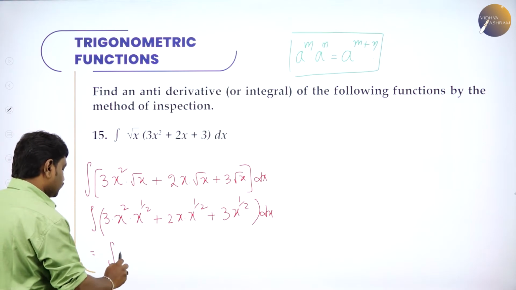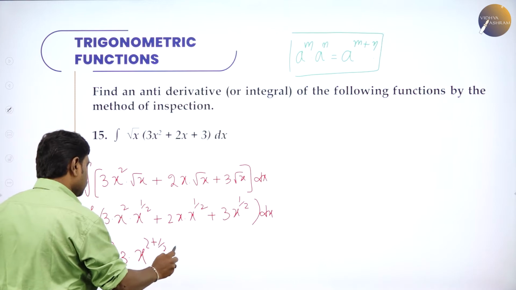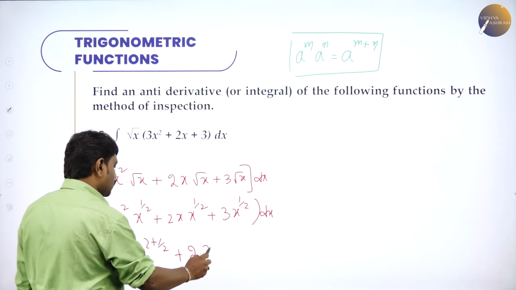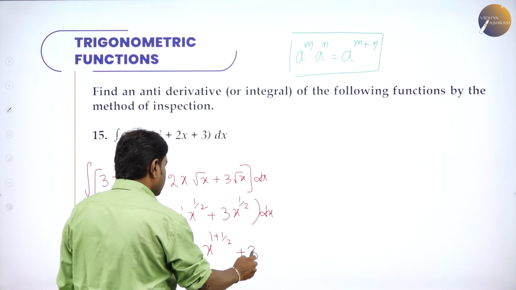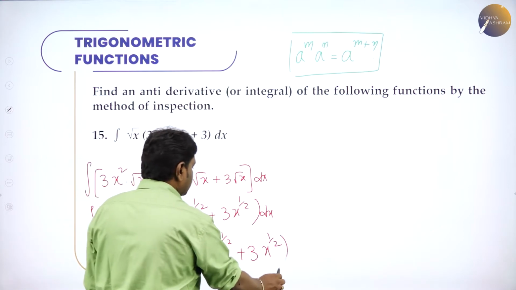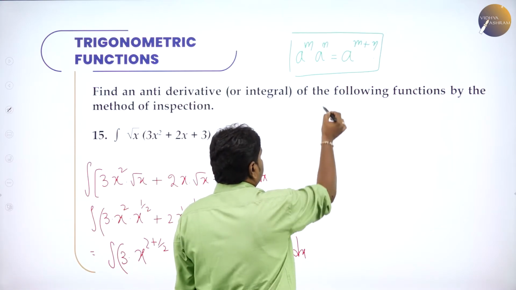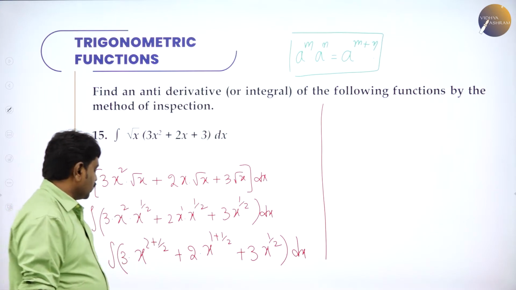So integration of 3 into x^(2 + 1/2) plus 2 into x^(1 + 1/2) plus 3 into x^(1/2). Still, don't integrate until the problem reduces to x^n format. Now 2 plus half: 2 twos are 4, 4 plus 1, 5.